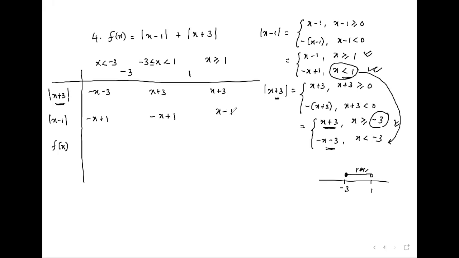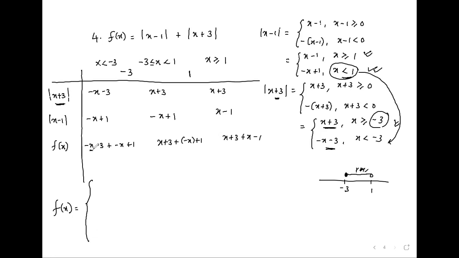Okay, then now f of x. So it is the sum of those. That's why now we say -x minus 3 plus -x plus 1. Then here, x plus 3 plus -x plus 1. Then here, x plus 3 plus x minus 1. So if we add, we can now write it outside the box as a piecewise.